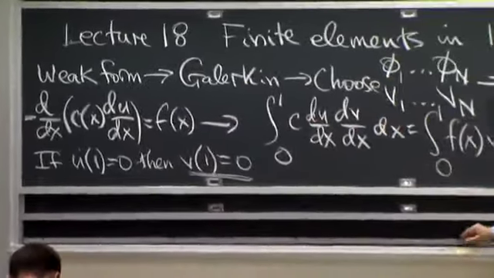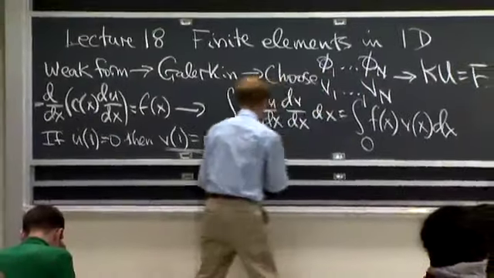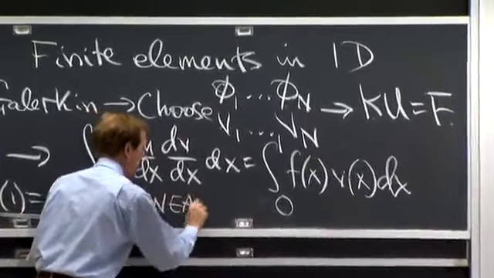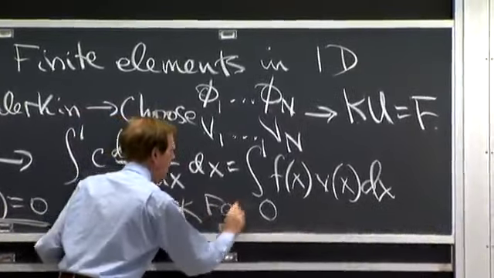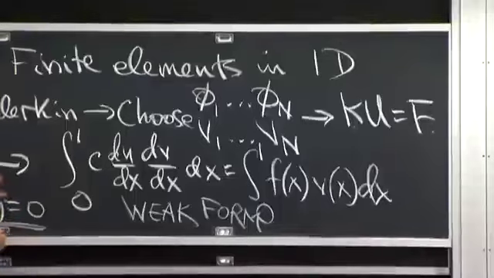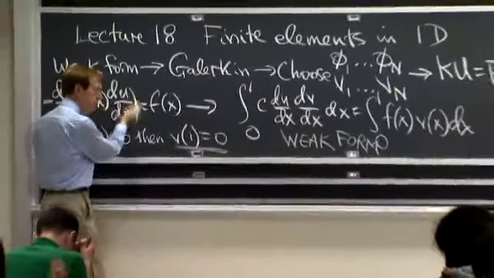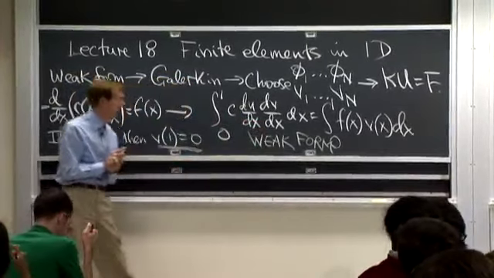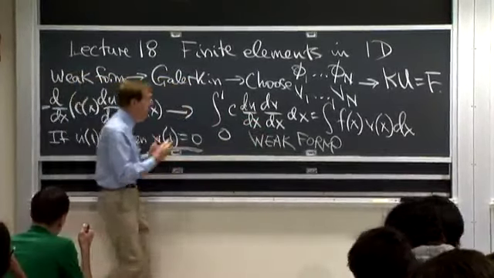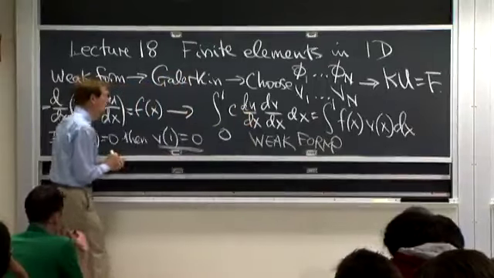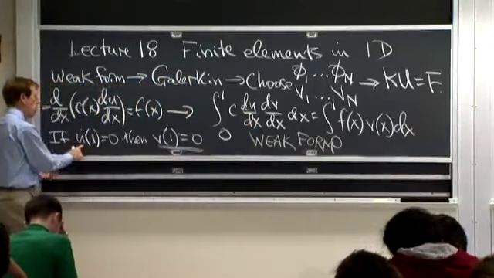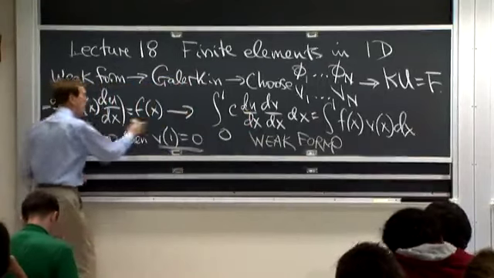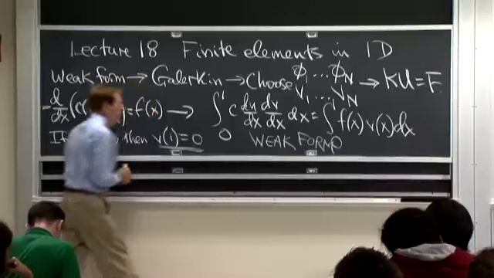This is the weak form then. Here I've reproduced what we reached last time, where that was the strong form with its boundary conditions. Now we get the weak form with its boundary conditions. The weak form involves u, so it's the boundary conditions on u, the fixed ones, that get used in the weak form.